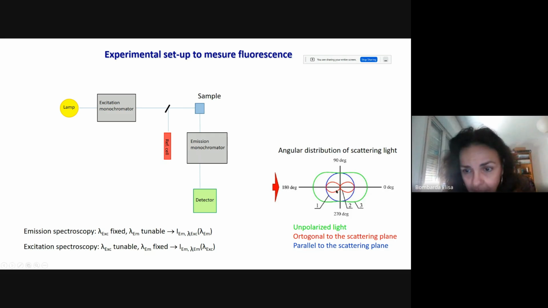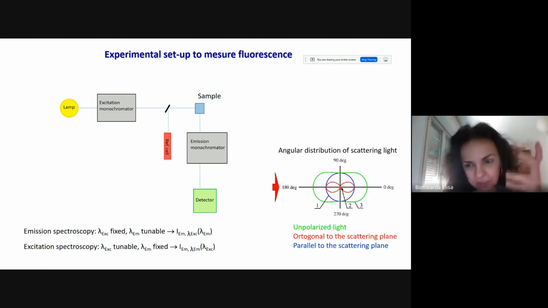Moreover, as you see, the green profile is the case of unpolarized light, and the red profile is the distribution of scattered light when the polarization of the light is orthogonal to the scattering plane. That's why, as you see, it is even better, because the scattering at this angle is close to zero.